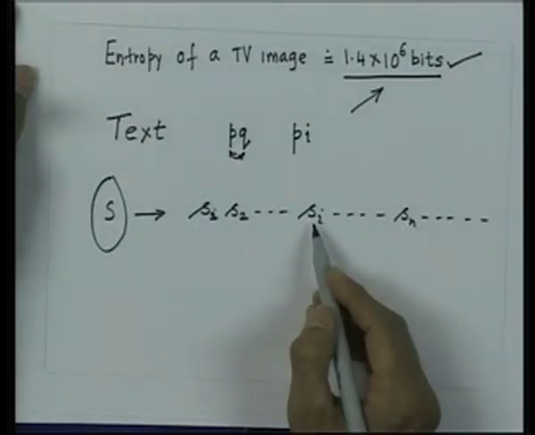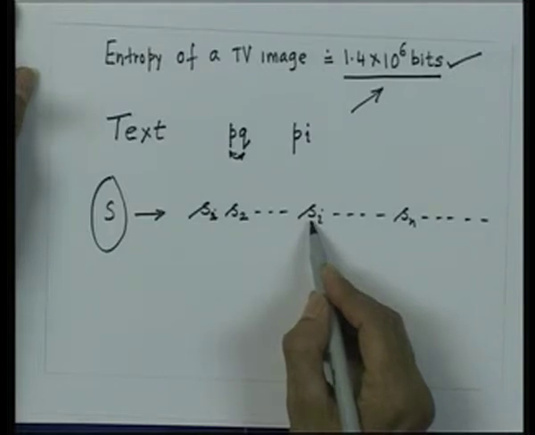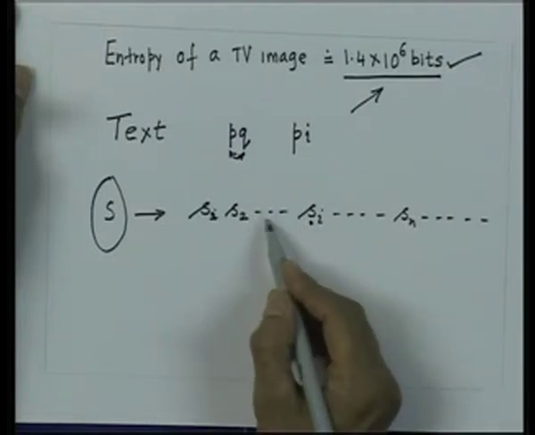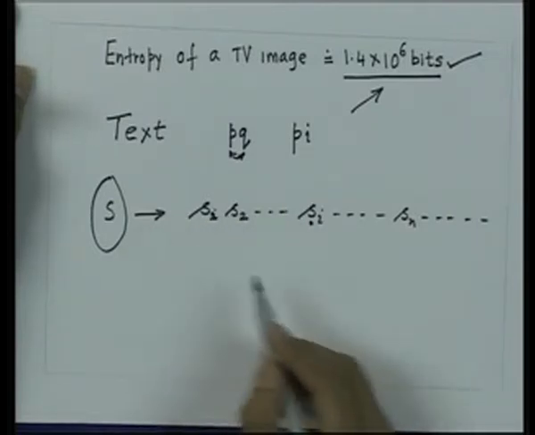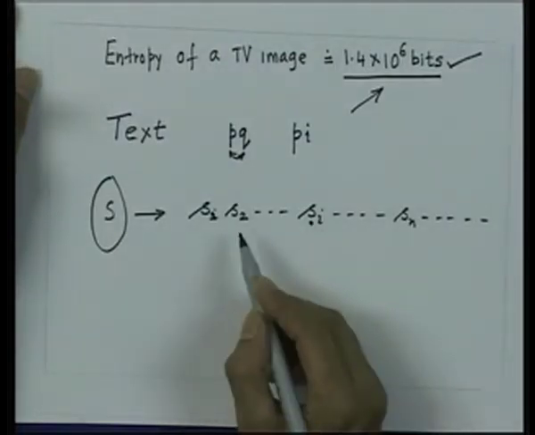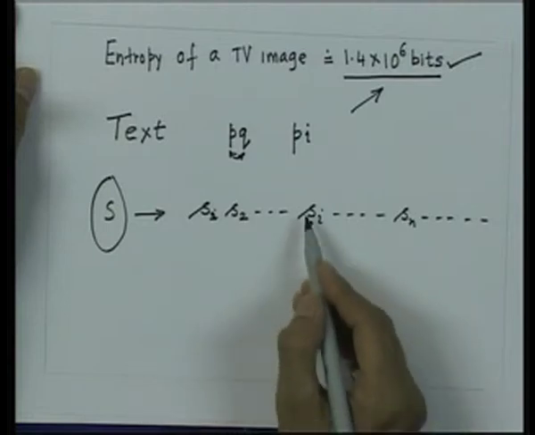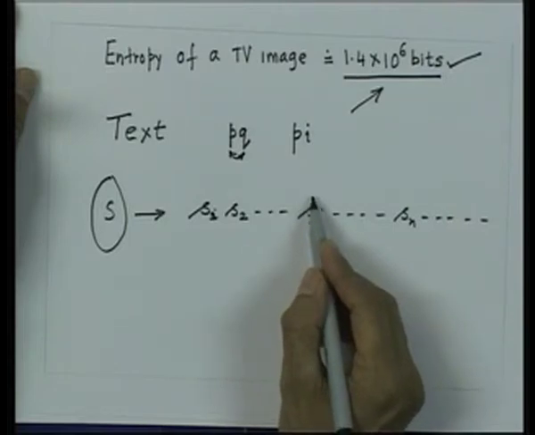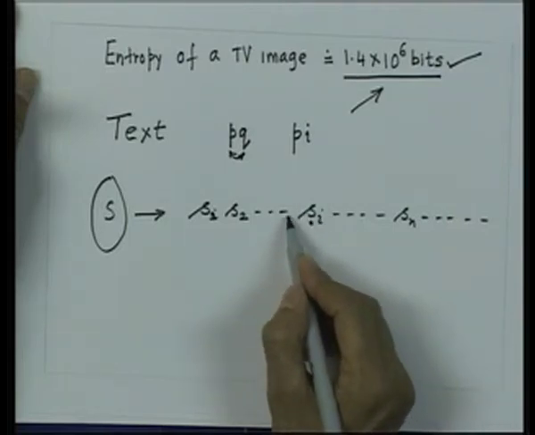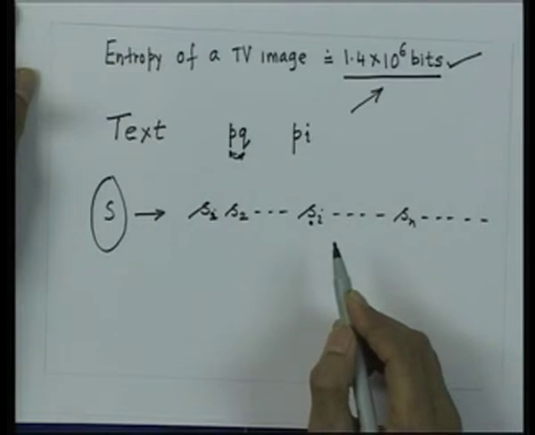What it means is that the probability of occurrence of a particular symbol at this instant is not dependent on the occurrence of the previous symbols. But in a practical situation, the probability of occurrence of the symbol Si at a particular instant i will be dependent upon the preceding symbols.